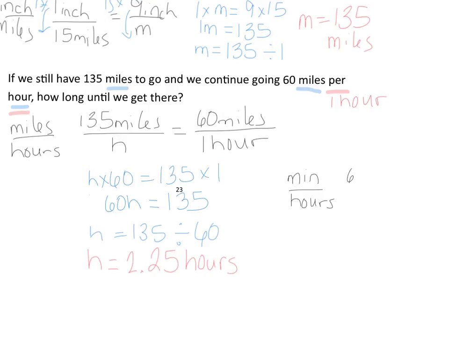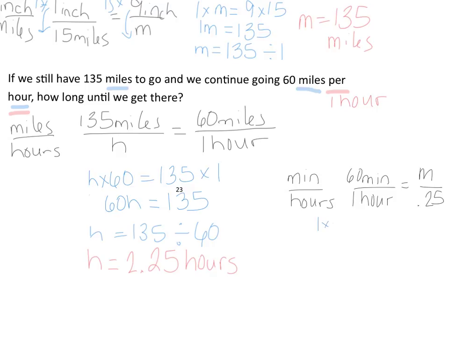So we know that there are 60 minutes in 1 hour. How many minutes would be in the 0.25? We don't need to worry about that whole number 2 because that's our number of hours. We have 2 hours guaranteed. But what we do need to worry about is the 0.25 if you are wanting to convert it into minutes.